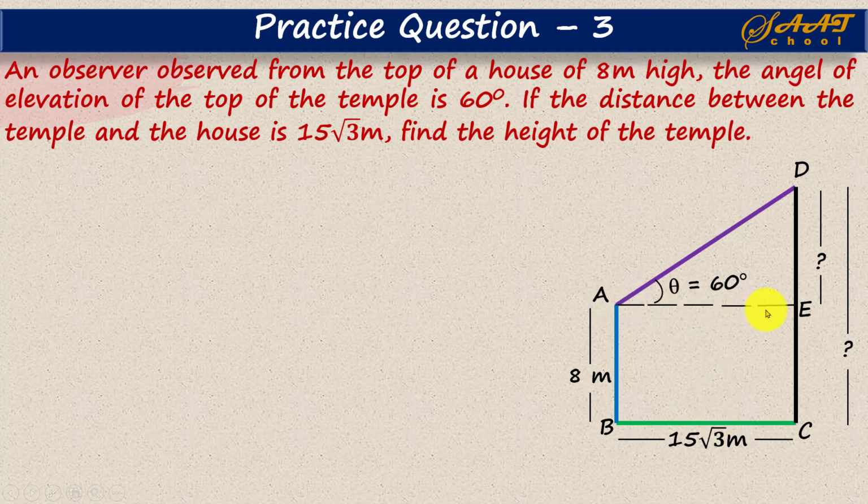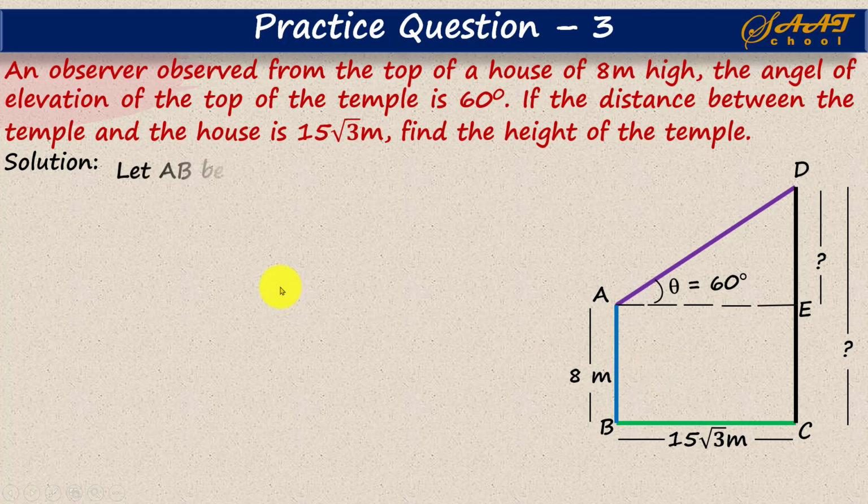Since we have AE and this angle, we can find DE. Once we find DE, then we can sum this DE and EC to find DC. This EC is equal to AB.